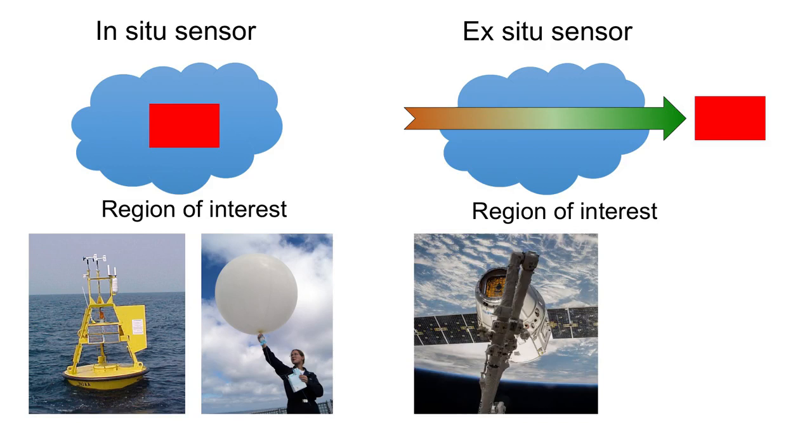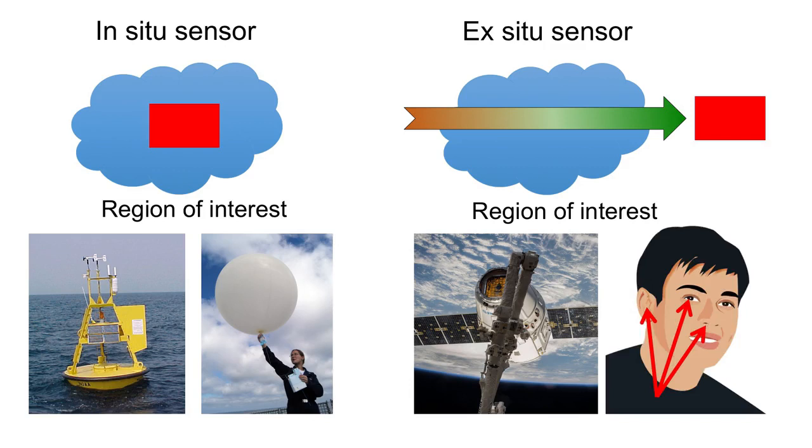Already from this, we see that in situ sensors are in principle only capable to gain information in the proximity of the sensor, whereas sensors outside the region of interest get a wider coverage, which in many cases comes with a decrease of precision and resolution in space. And by the way, don't forget your own sensors. Your eyes, ears and your nose are all kinds of ex situ sensors.